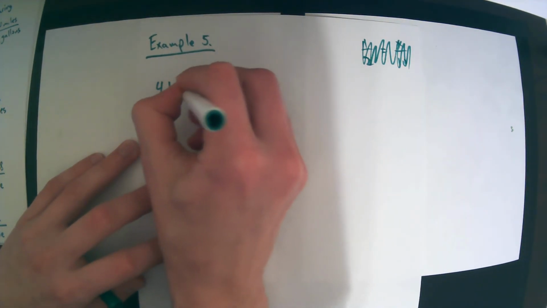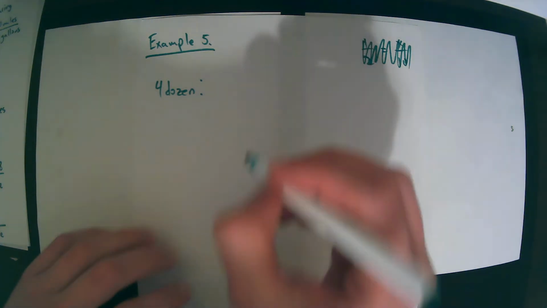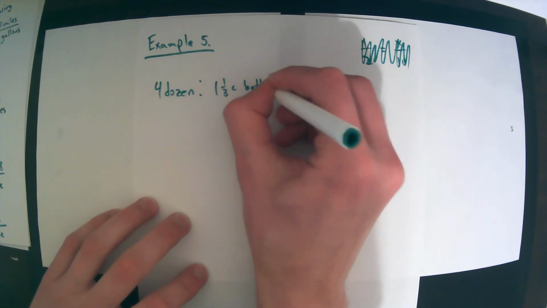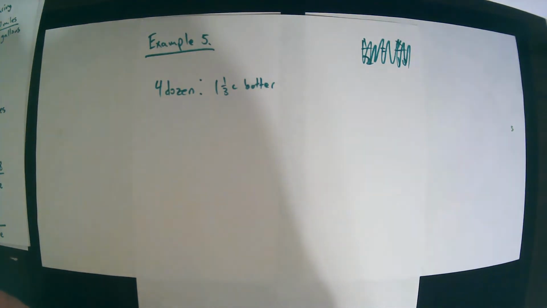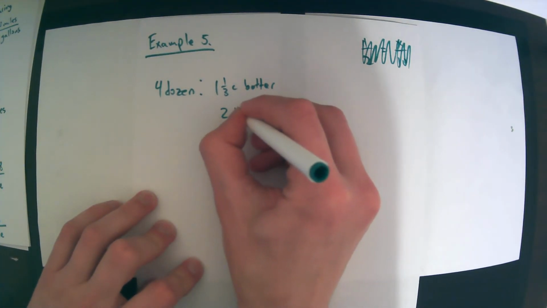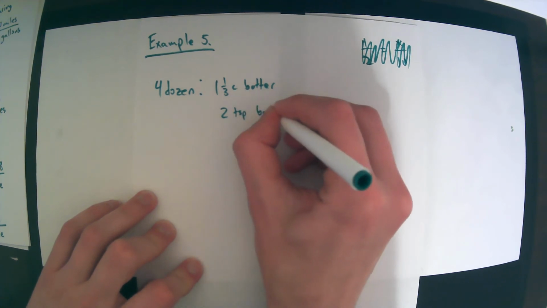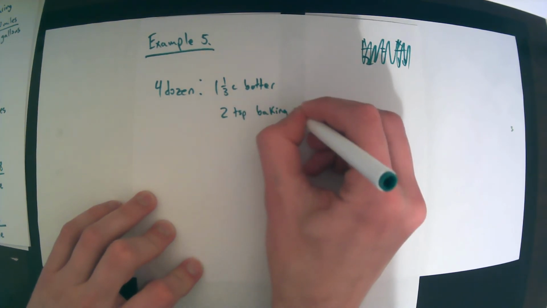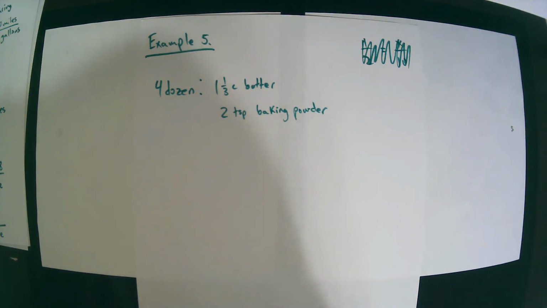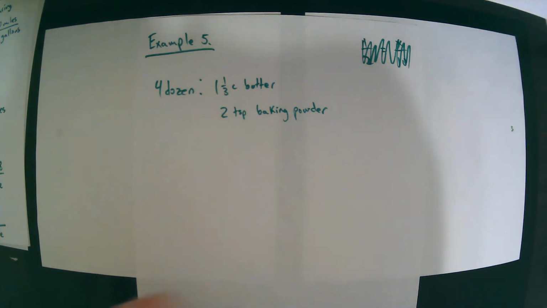4 dozen calls for 1 1/3 cups of butter, 2 teaspoons baking powder, and 1 2/3 cups of raisins.